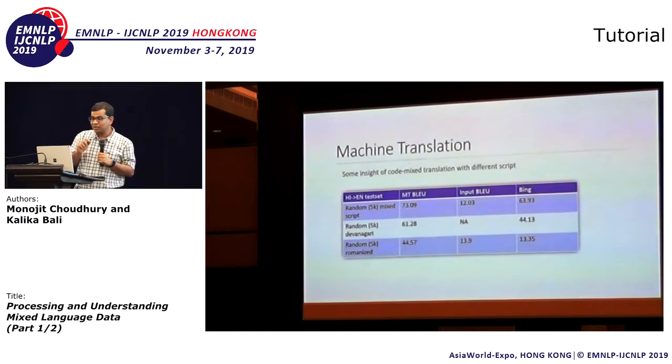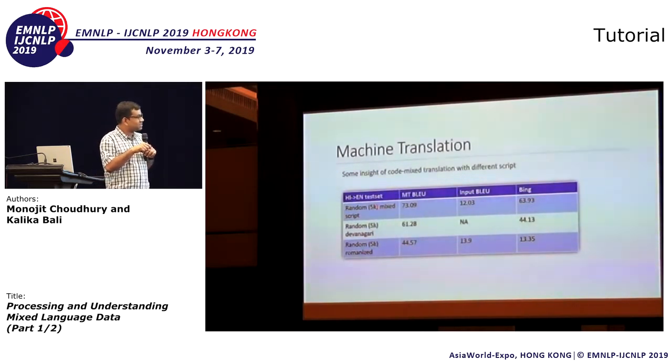But finally, I'll show you some results of what we are getting. I'm not going to discuss at all how we did it. This is my Hindi-English system, basically Hindi code mixed English to English. If you run the older, non-code-mixed machine translation system from Bing, you get different BLEU scores depending on your input type: Devanagari, Romanized Hindi, or mixed script.